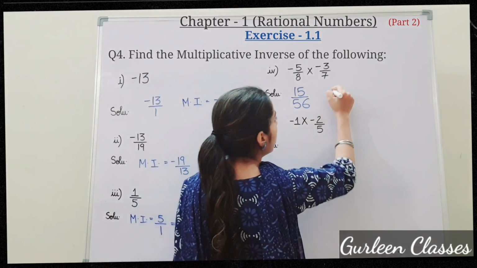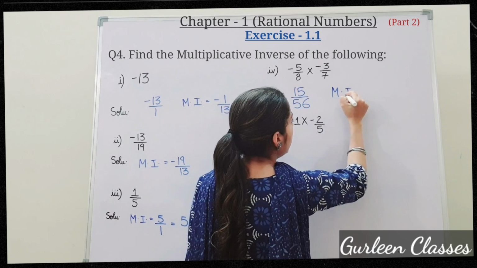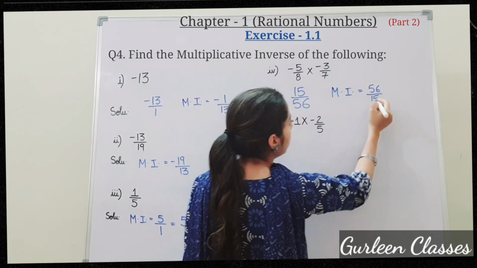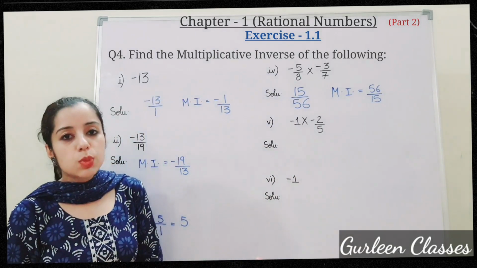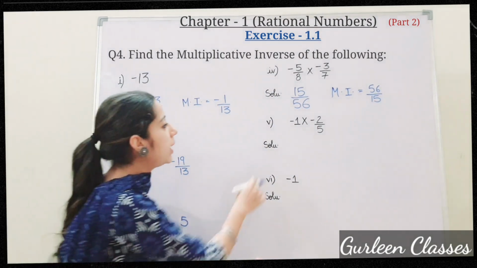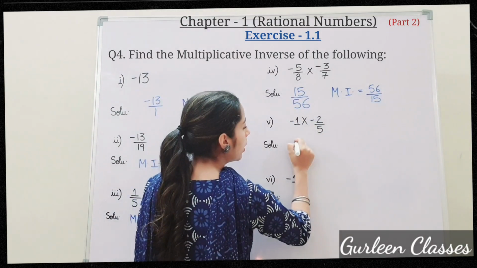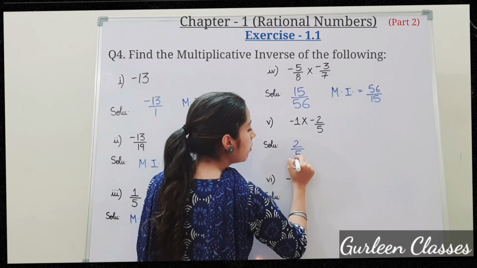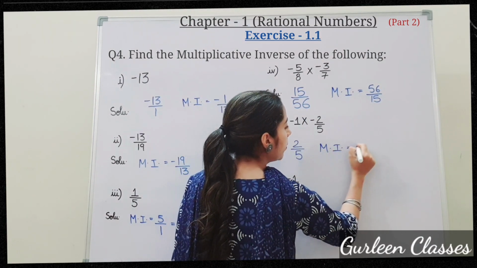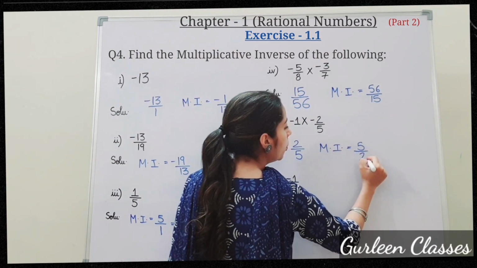The multiplicative inverse will be 56 upon 15. Fifth part, minus 1 into minus 2 upon 5. So let us multiply. 1 2s are 2 upon 5. So the multiplicative inverse of 2 upon 5 will be 5 upon 2.